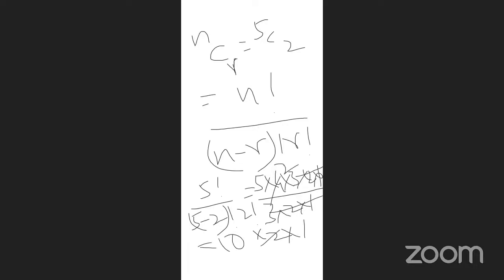The coefficient we can calculate using nCr. This formula is very important, please note it down: n factorial divided by n minus r factorial into r factorial. If you have studied maths in your intermediate, you may be able to remember permutations and combinations.